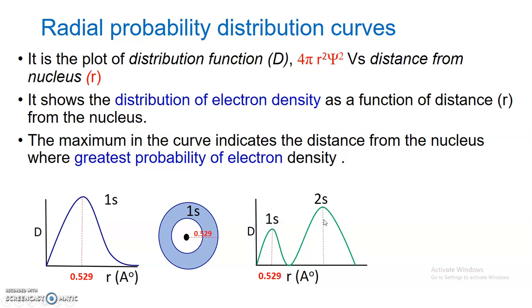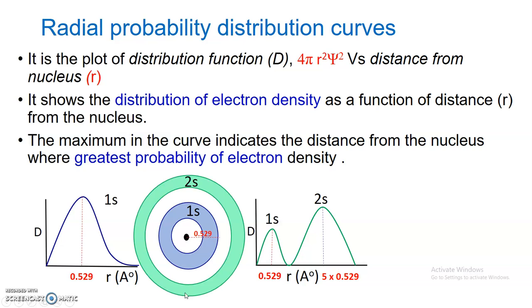And the second maximum corresponds to the radius of 2s orbital, and the radius of 2s orbital is found to be 5 into 0.529 angstrom. This is for 2s orbital, and this minimum indicates the radial node of 2s orbital. For 2s orbital there is one radial node.